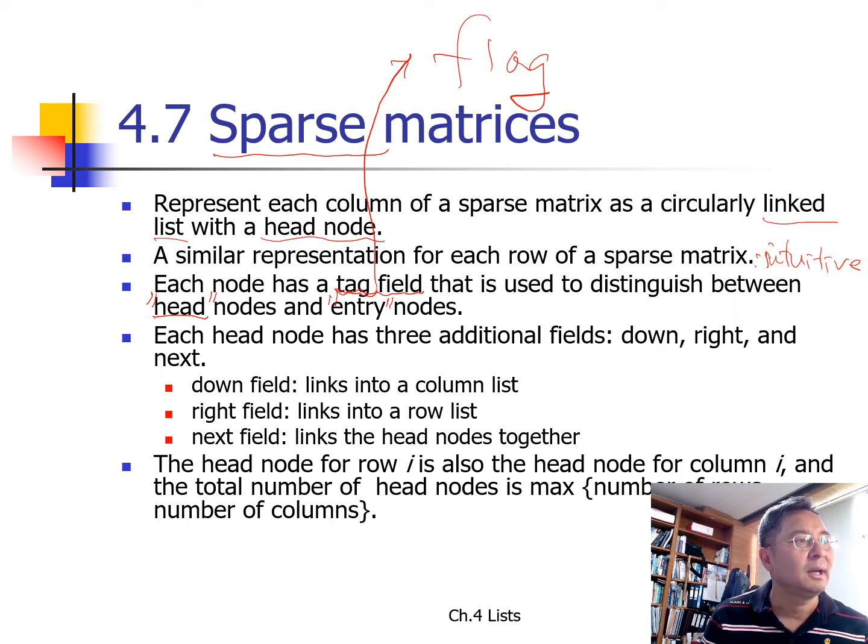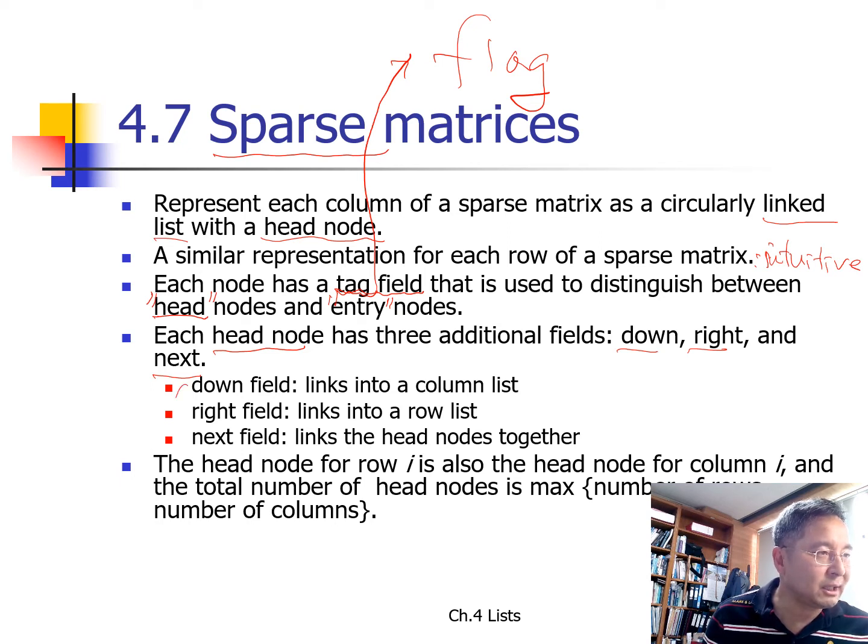Also, each header node has 3 additional fields in addition to the tag field: down, right, and next.